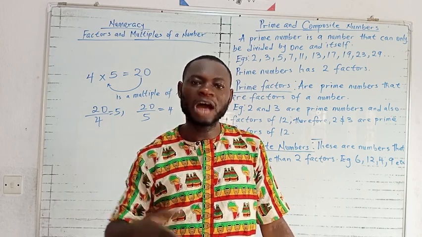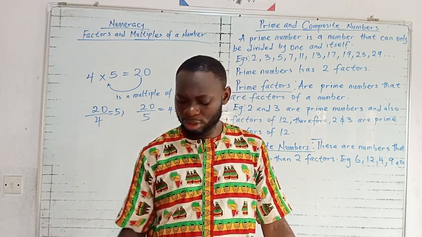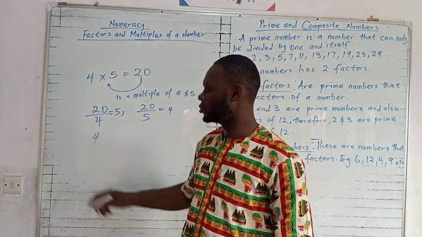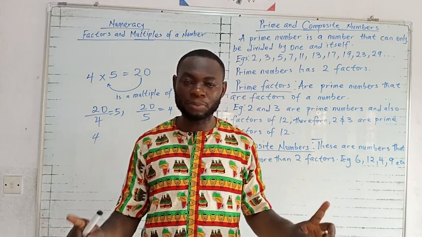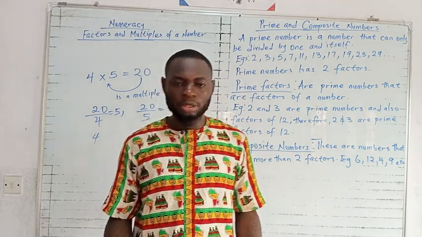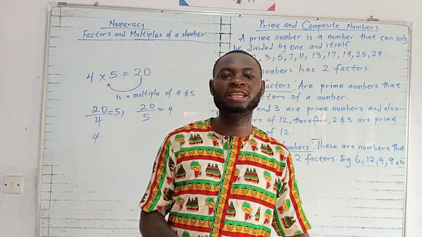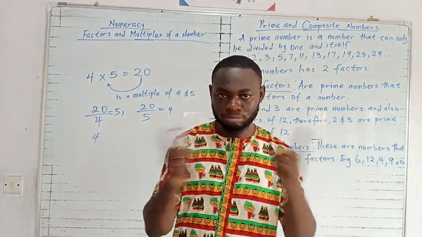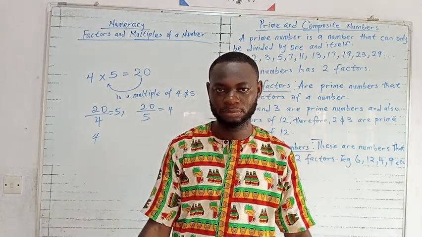Okay. Now, how do we get the multiples of a number? Suppose I said list the multiples of 4. It is very simple. The multiples of 4 are obtained by using the multiplication table or by skip counting. Both ways are still multiplication.